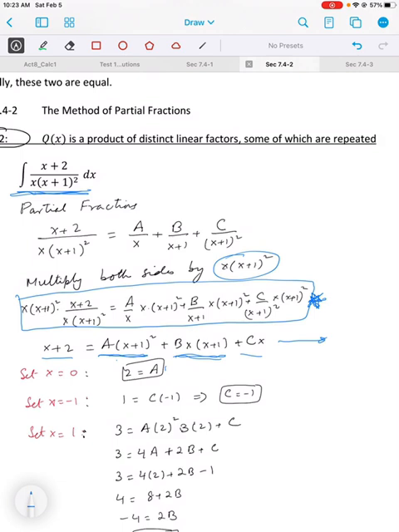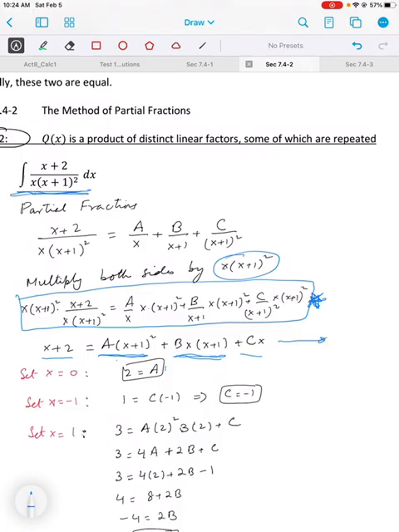So A and C are determined. Now we cannot determine B by a similar method because we do not see a value of x which will make the A and C terms, the first and the third terms, disappear.